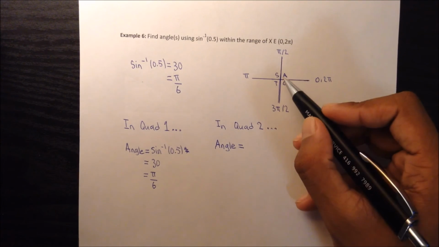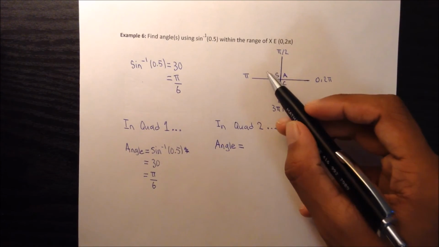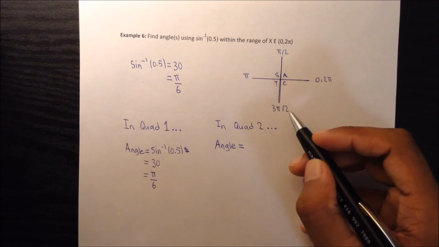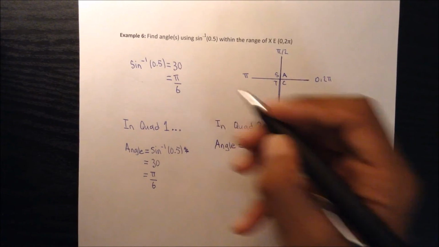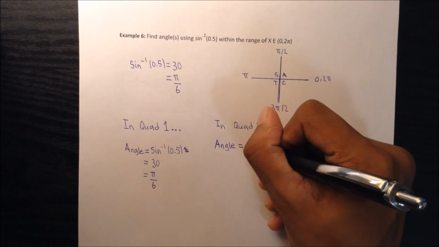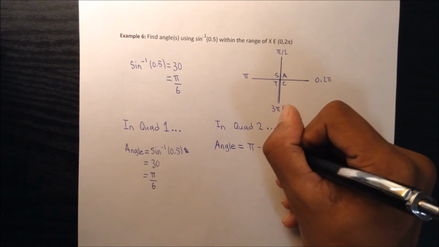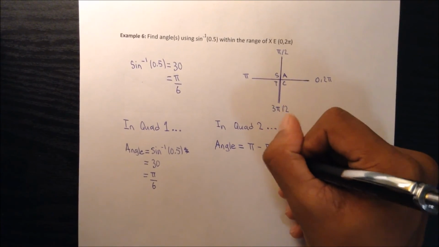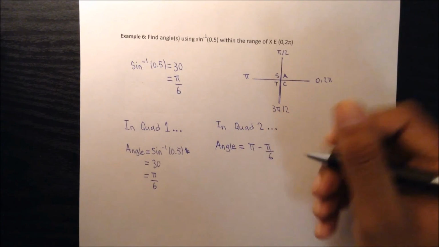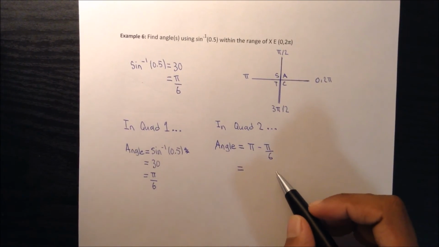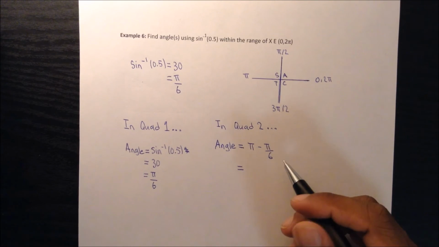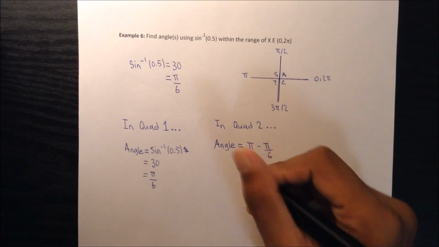So if we want to find the value of the angle in quad 2, then all we have to do is take pi and subtract it by this number, pi over 6. So that would be pi minus pi over 6. And in order to subtract these two, we need a common denominator, and that common denominator would be 6.